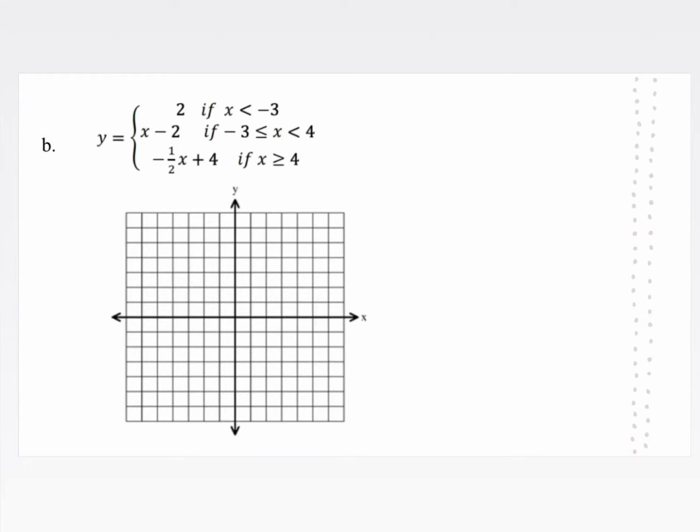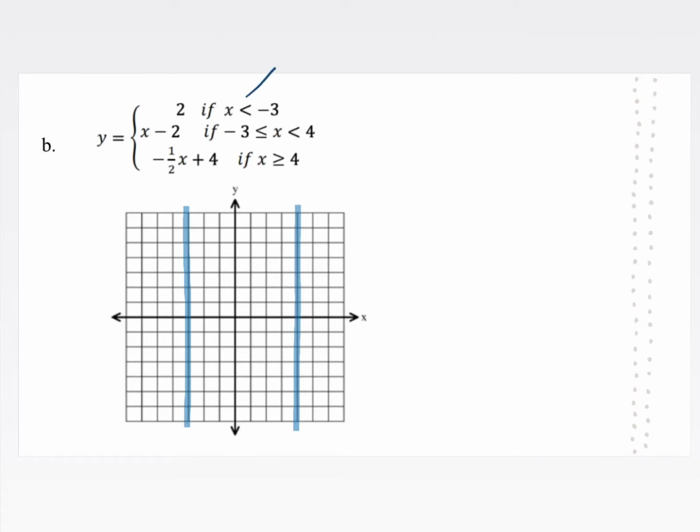I'm going to have one at negative 3 and one at positive 4. There we go. Okay, so if I have my first one, when x is less than negative 3.